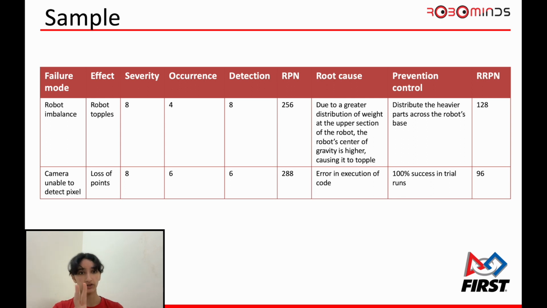And to prevent this, we just distribute the heavier parts across the robot's base. And once we do this and we calculate the RPN again, the severity and the detection in this case stay the same because the failure is still as easy to detect and it's still severe. Just the occurrence has reduced, so the RPN has reduced. And ideally, our RPN should be 0.